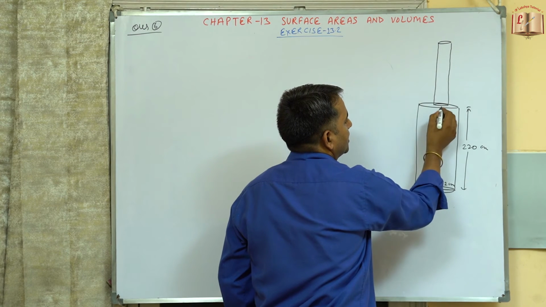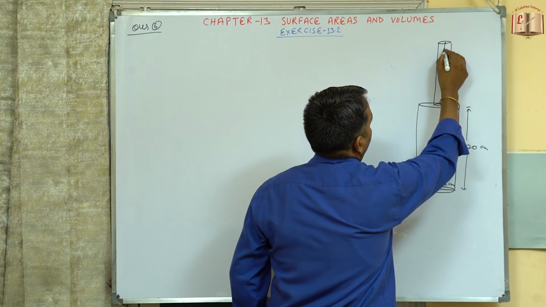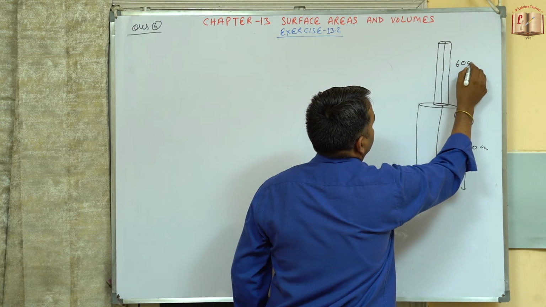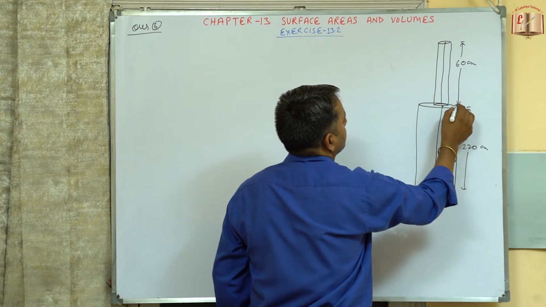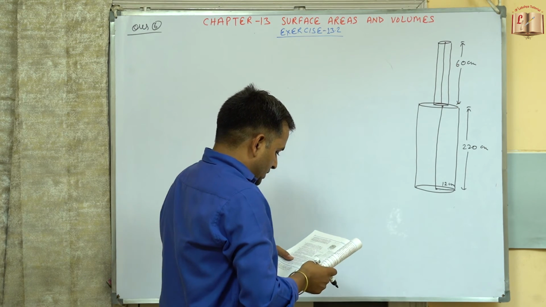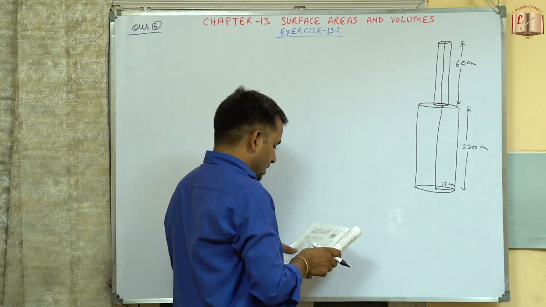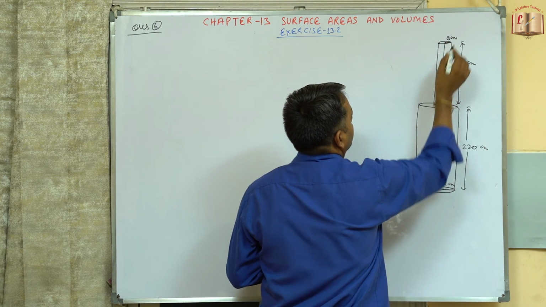For this cylinder, the height is already given. For this height is 60 centimeters. So this height is 60 centimeter. For this, the height is 60 centimeter and the radius is 8 centimeter.